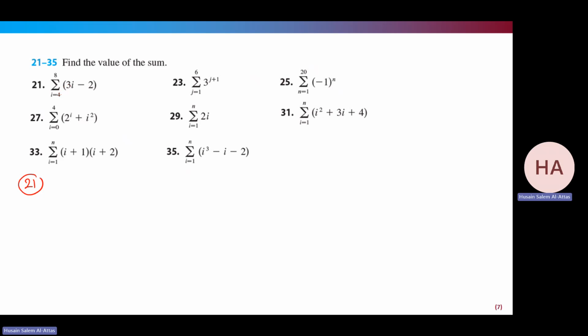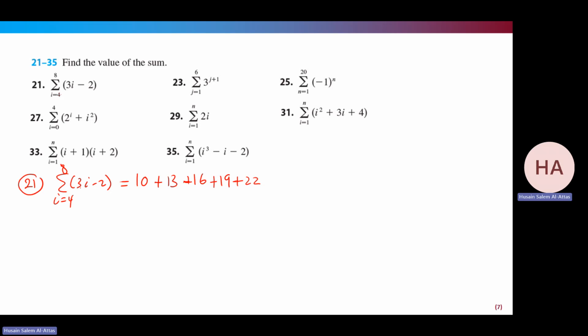That will be what? 3 times 4, 12 minus 2, that will be 10. i equals 5: 3 times 5, 15 minus 2, that will be 13. i equals 6: 18 minus 2, 16. i equals 7: 21 minus 2, that will be 19. i equals 8, which is the last one: 24 minus 2, that will be 22.